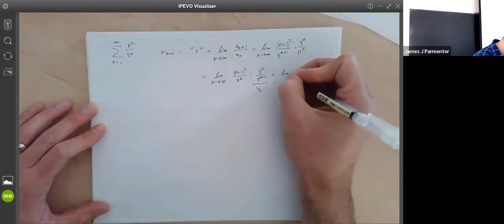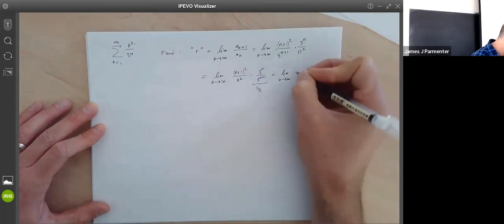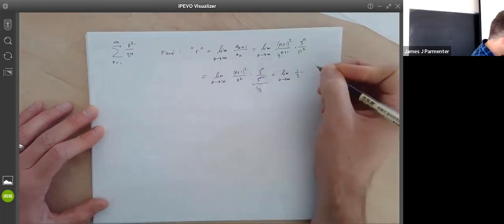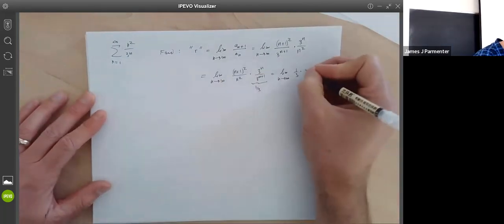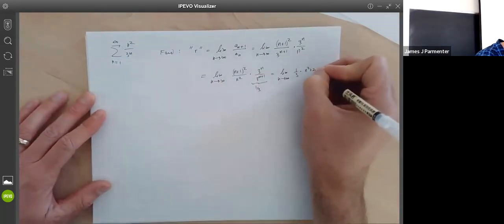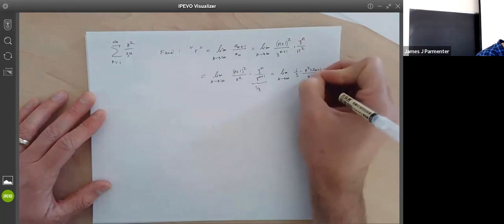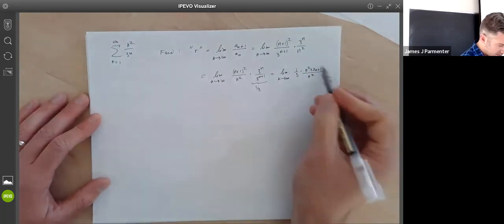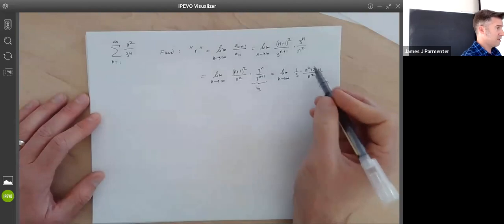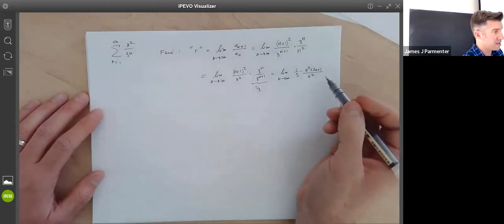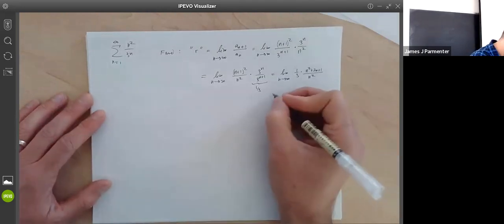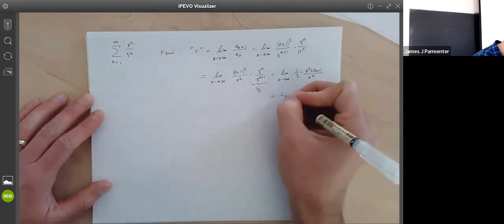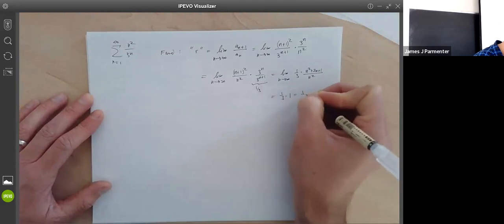So I have the limit as n goes to infinity of 1/3 times n squared plus 2n+1 over n squared. And this rational function, where the top and the bottom have the same degree, the limit is the quotient of the leading coefficients. So we're going to get 1/3 times 1, which is 1/3.